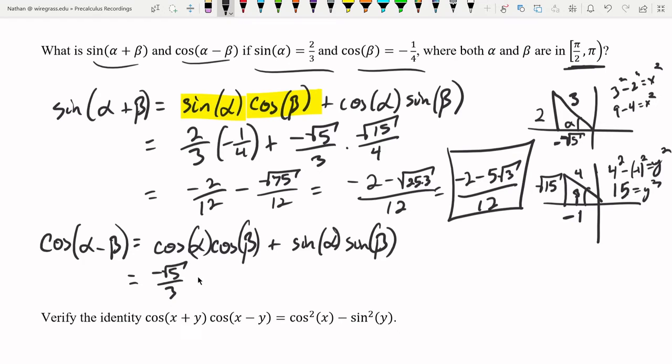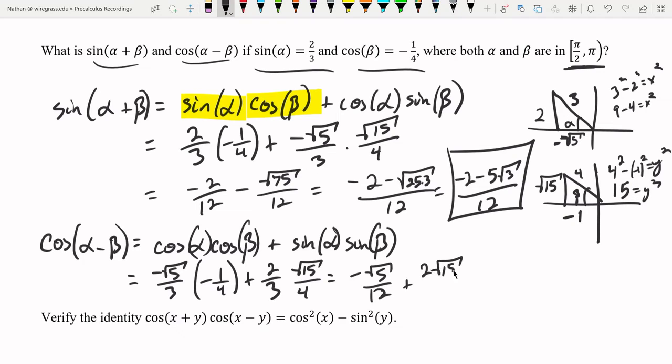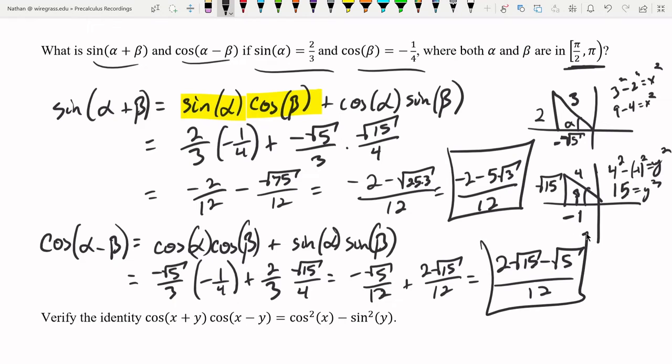Cosine beta is negative 1/4. Sine alpha is 2/3. Sine beta is root 15 over 4. That gives negative root 5 over 12 plus 2 root 15 over 12, which gives us 2 root 15 minus root 5 over 12.